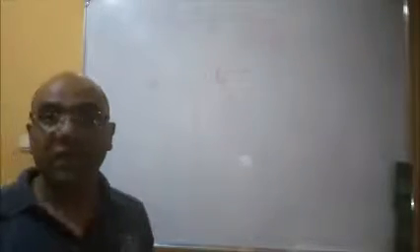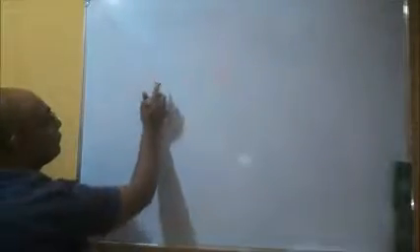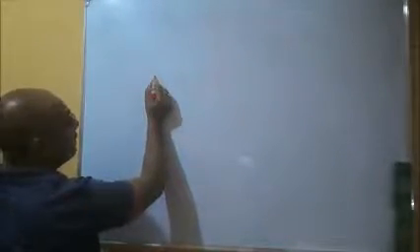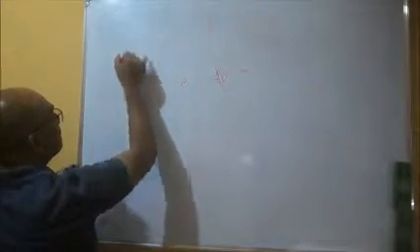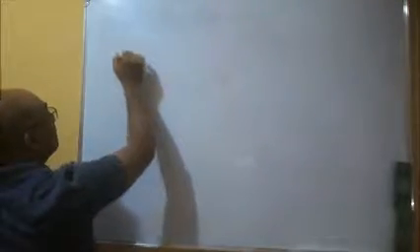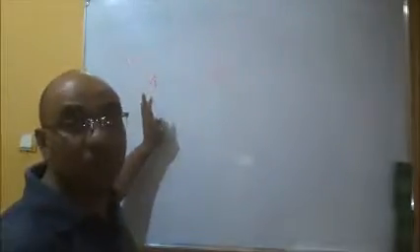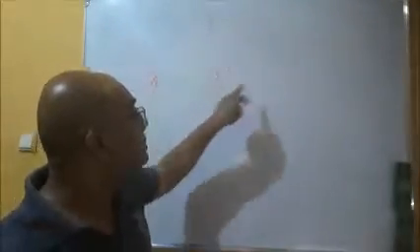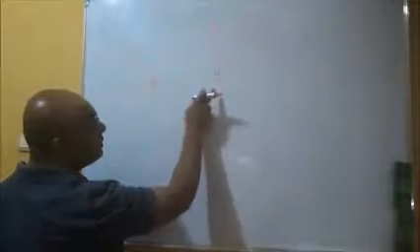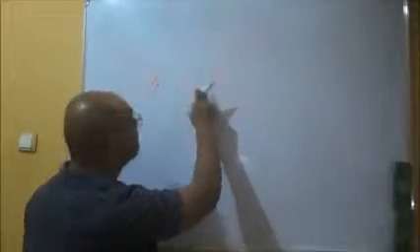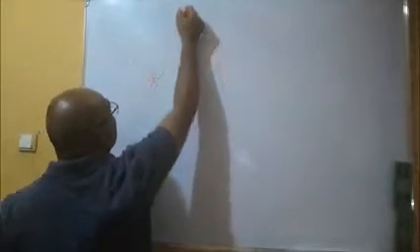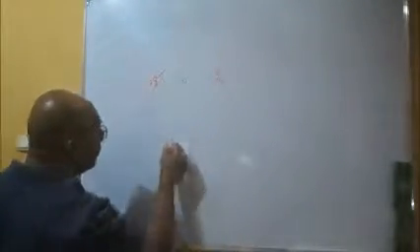In a similar case, if you go for this plus Q charge, all electric field lines will go like this. And the electric field lines which are trying to go towards this point charge will be repelled, and hence they will not go beyond this.